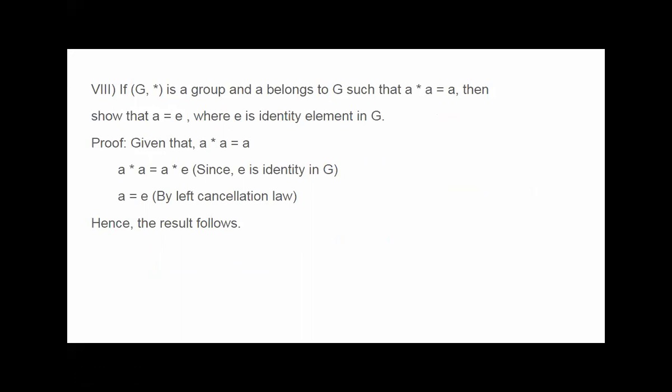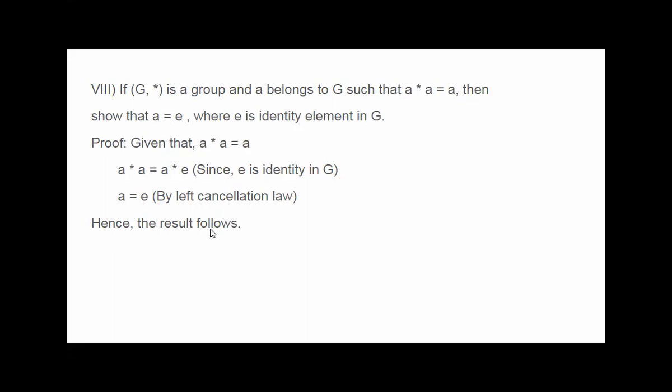Next example is this one. If G star is a group and A belongs to G such that A star A is equal to A, then show that A equals E, where E is the identity element. What is given there? A star A is equal to A. Since E is the identity element, we can take it like A star A is equal to A star E. So by cancelling A, we have A equal to E by the left cancellation law.